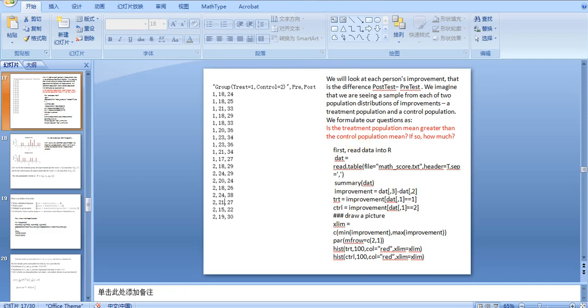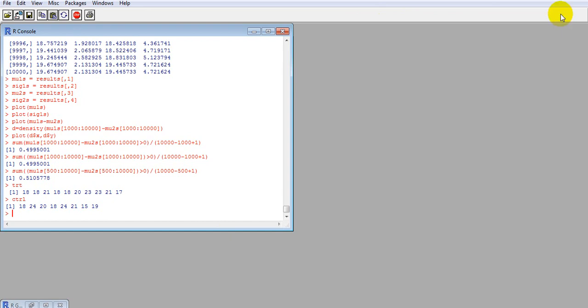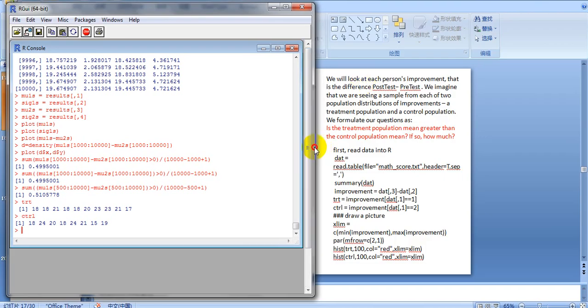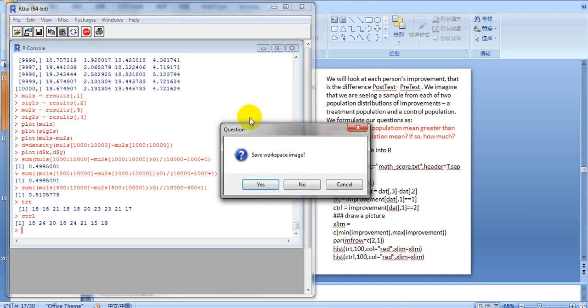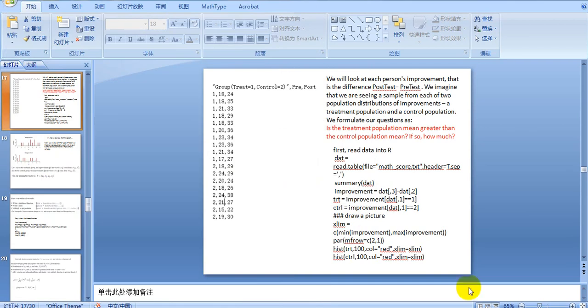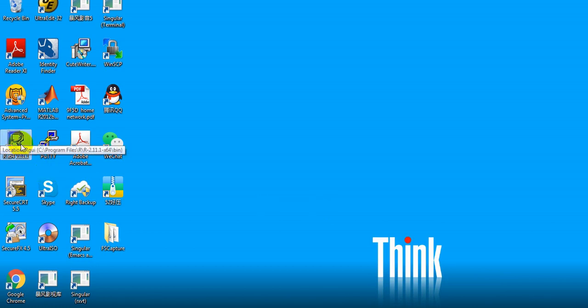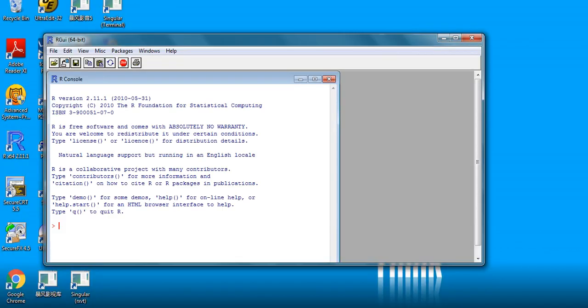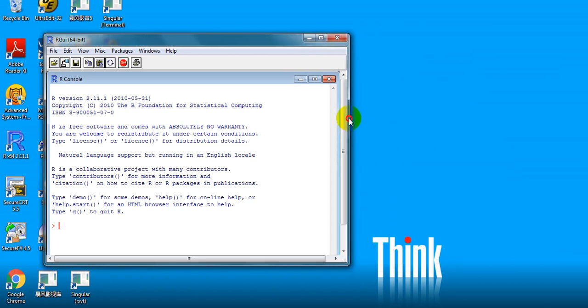Now let me input the data. I'll input the data into R and we'll run the code.